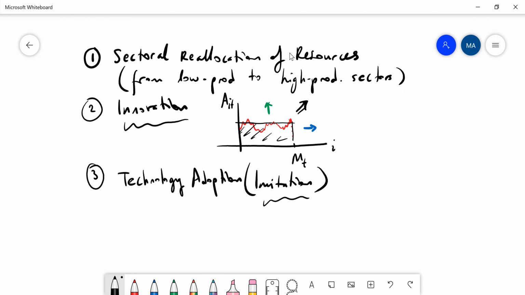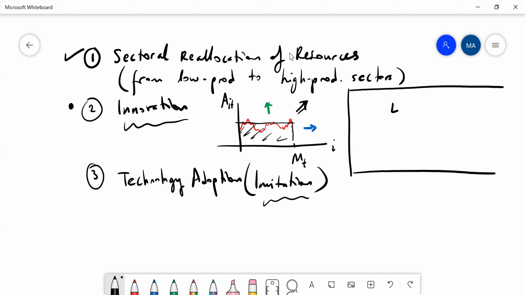Now today, we discussed that already, and we are here right now, and I showed you a very simple model. Let me summarize it over here. So there are two types of labor in the economy, right?